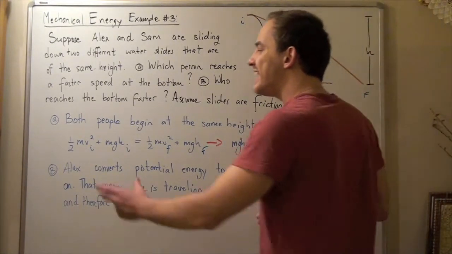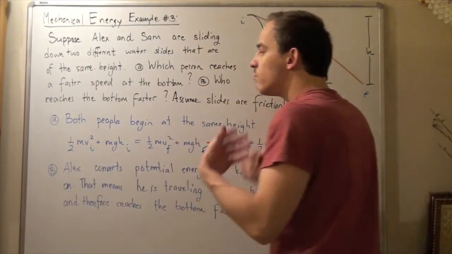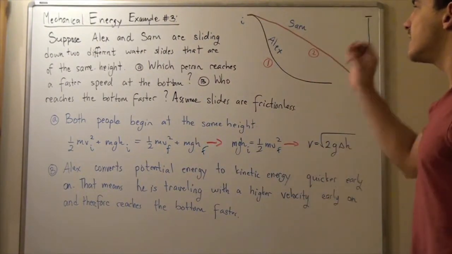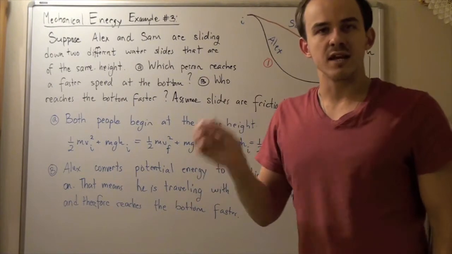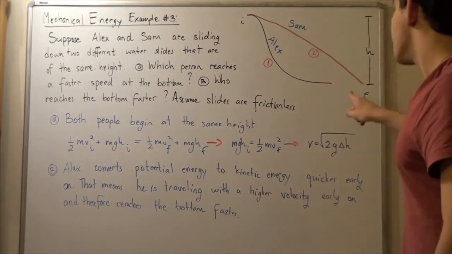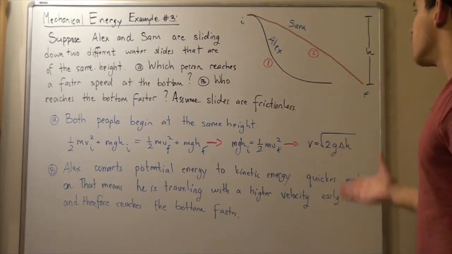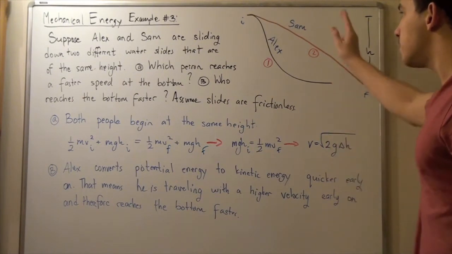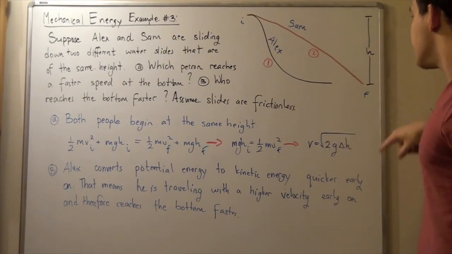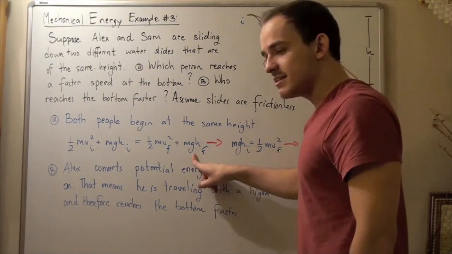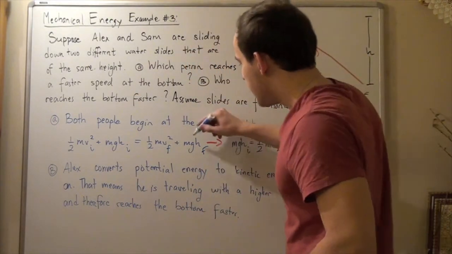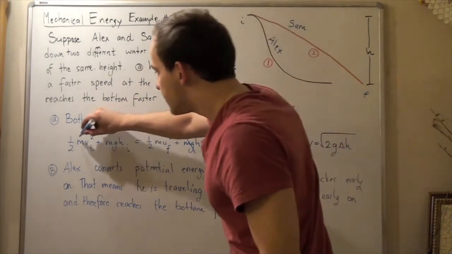First, notice that the initial kinetic energy of both people, Sam and Alex, is 0. And that's because initially they start with a velocity of 0. Likewise, the final gravitational potential energy of our people is 0, and that's because the height at the bottom is h equals 0. So this cancels, this cancels, and this cancels.